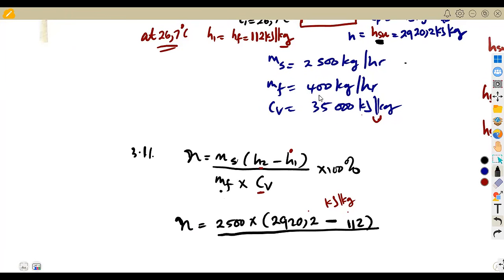All right, so the mass of fuel here, we have got 400 times the calorific value in kilojoule per kg, that's 35,000, times 100%. Okay, so that's it.